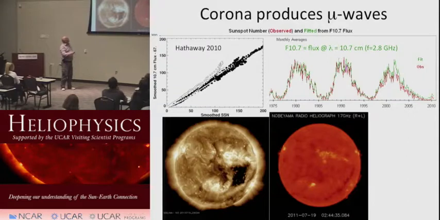Much more affordable. And here is a version of the sunspot number, but it's basically created in green, just using the microwave flux. This is considered by people who really have to understand how much radiation is coming out of the sun.